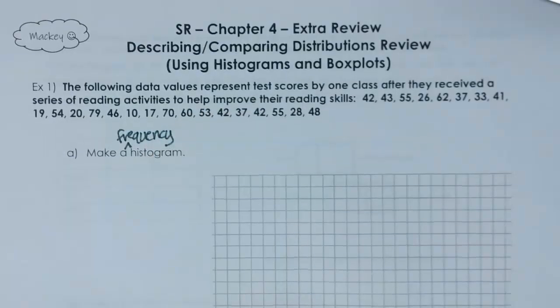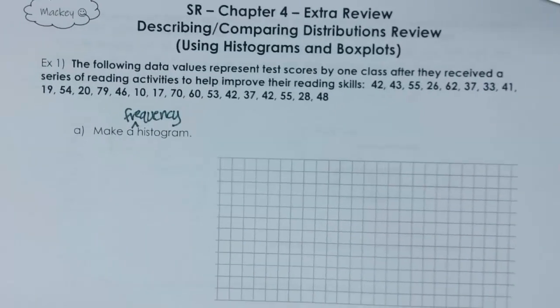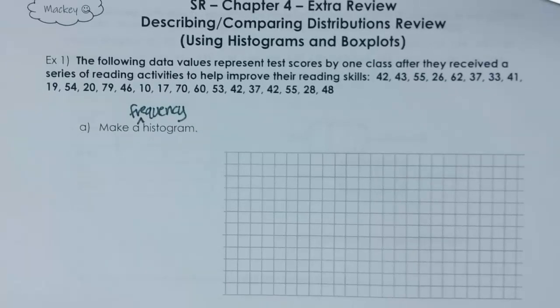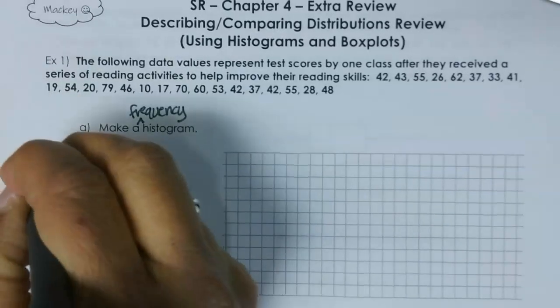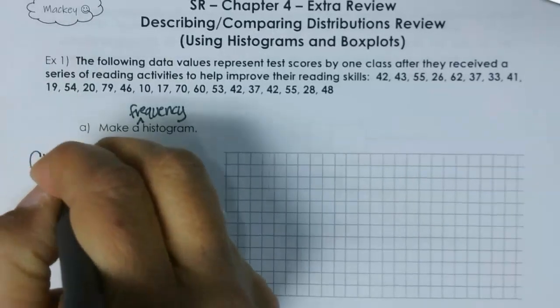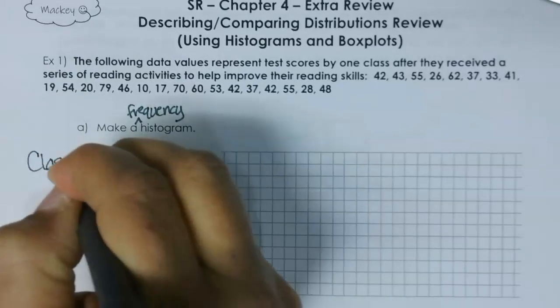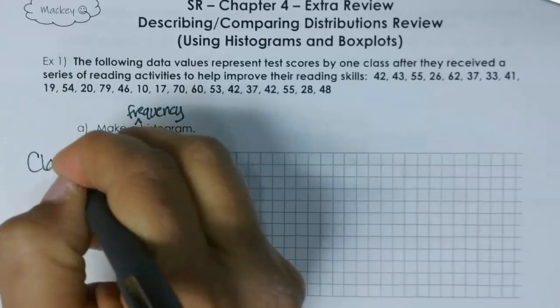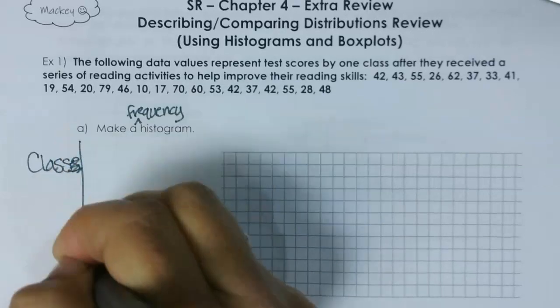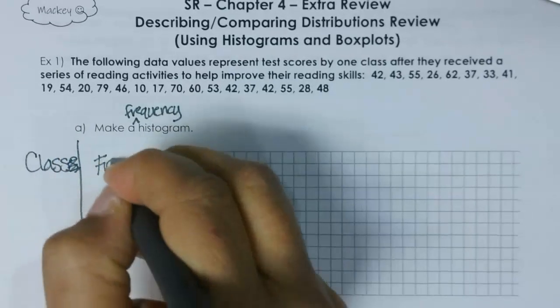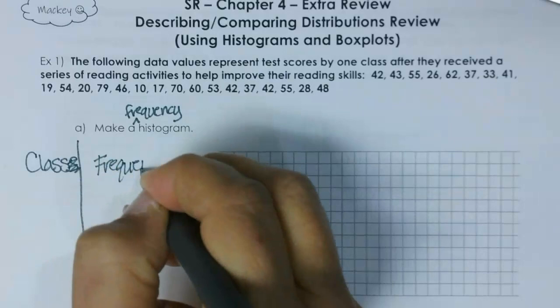With relative frequency, we put things into percentages or decimals. Here we'll just keep it as it is. So remember that we're going to have a class, and then the frequency of each class.